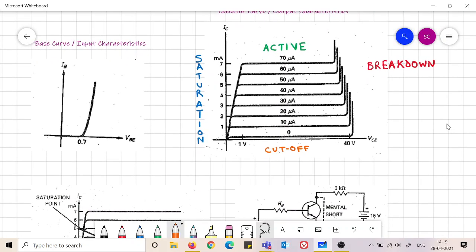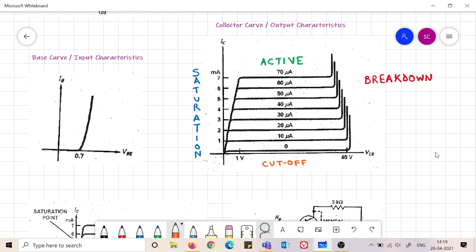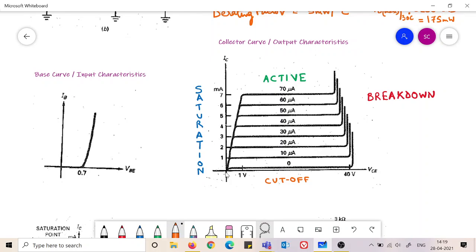However, this is quite small, and you cannot take the transistor to any level of IB which is less than this, because the junction is forward biased, so the current cannot be negative in here.